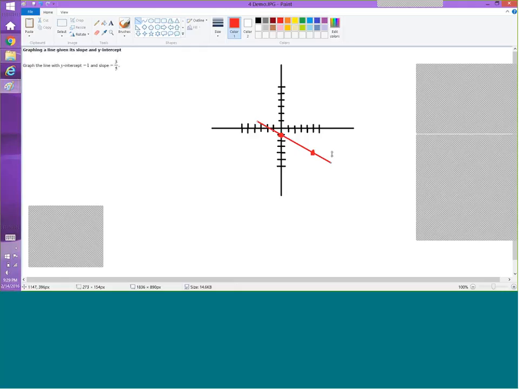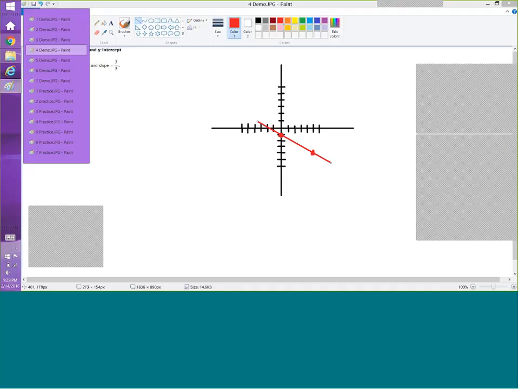Any questions from anybody? Doesn't look like it, so I'm going to go ahead and let you have a crack at it. I'm not going to give you that much time for this one, so it's a little bit quicker.